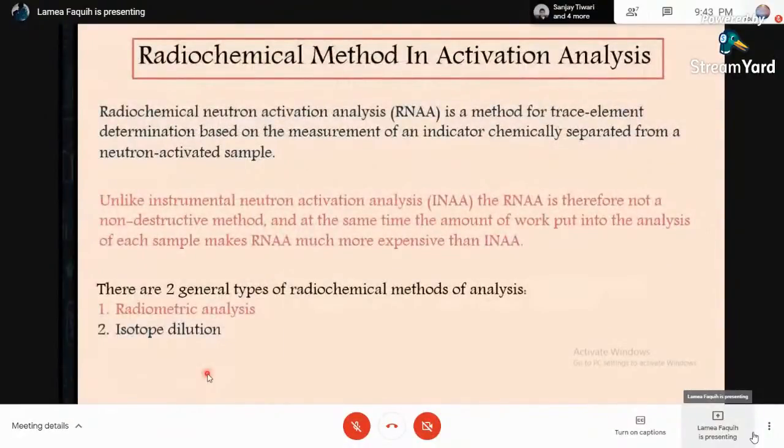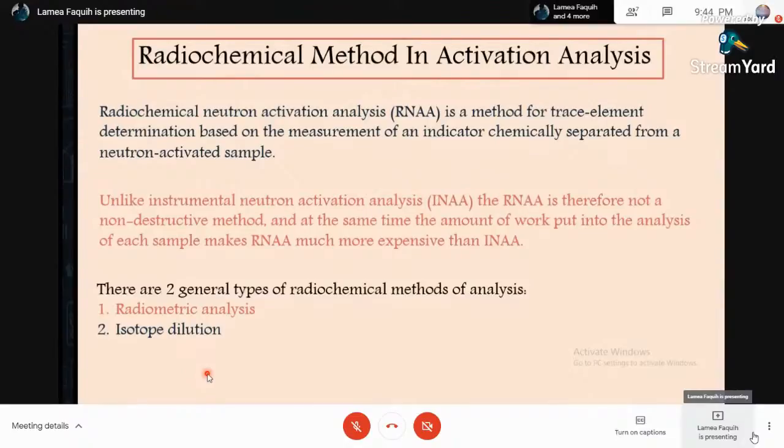Next is radiochemical methods in activation analysis. Basically, this is a method for detection of trace elements based on the amount of indicators separated chemically from a neutron activated sample.